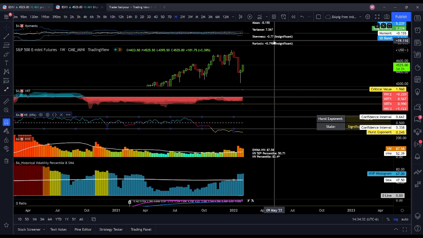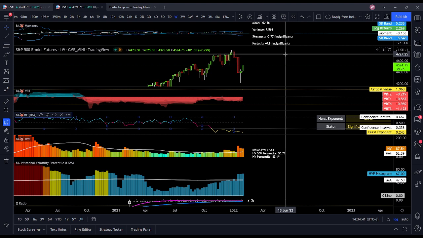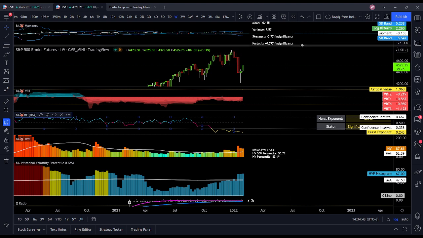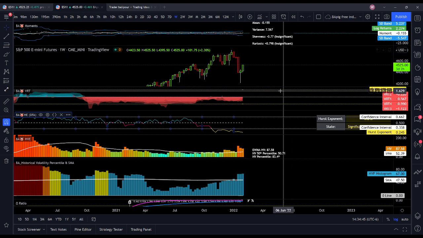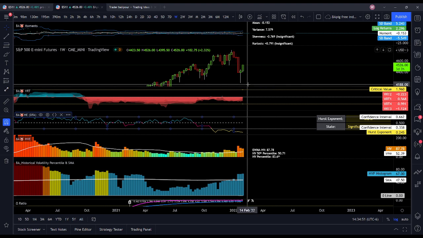So looking into skewness is definitely something to research, and then kurtosis as well. So the tailedness of the distribution. So how many large, like really large returns do we have that are outside of that first standard deviation, more towards the second standard deviation?